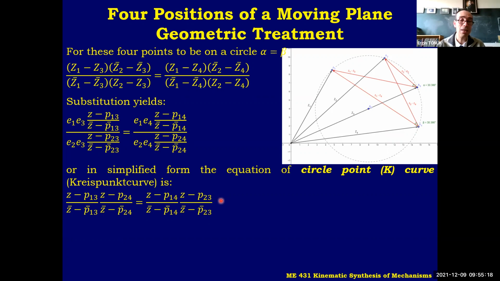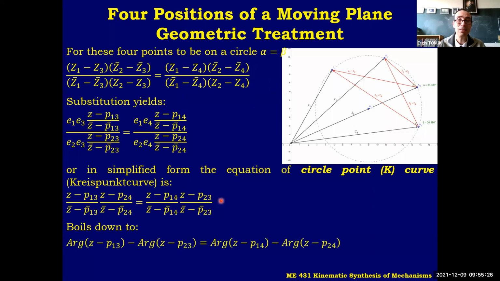If you further simplify this expression, you can show that it boils down to this: argument of z minus p13, argument of z minus p23 equals argument of z minus p14, argument of z minus p24. And this leads to Burmester's two theorems, because of those derivations.